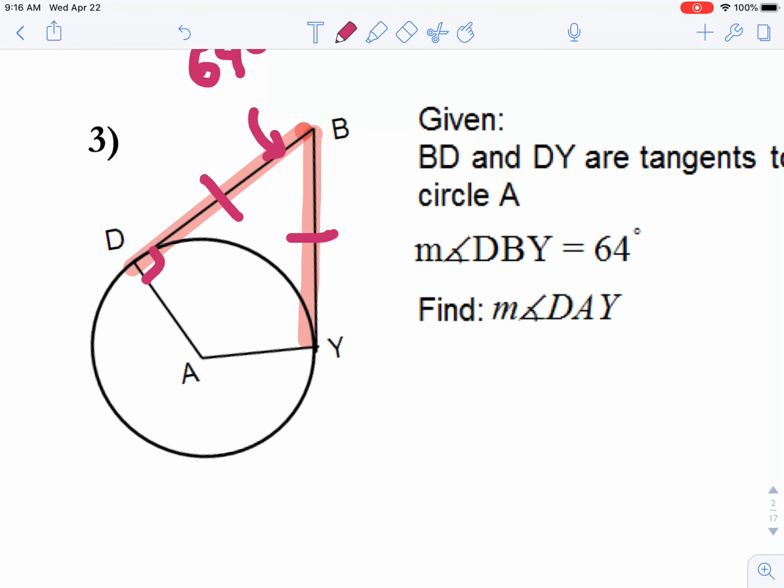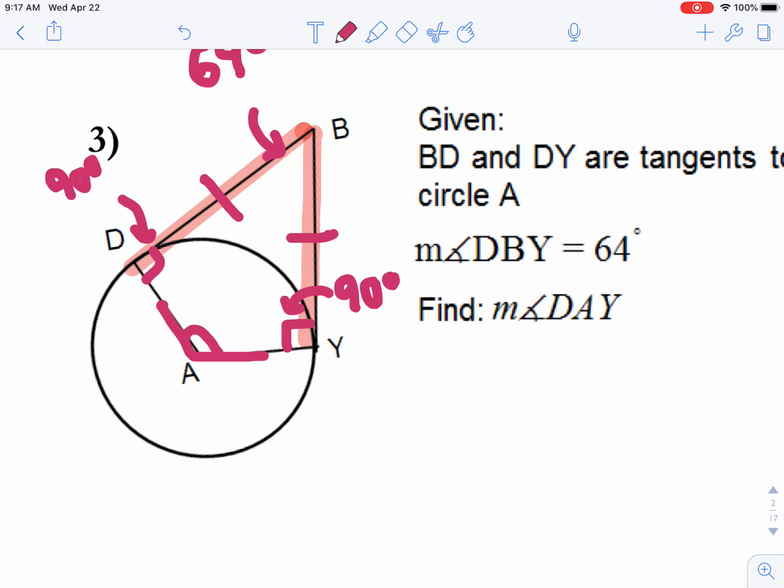Okay. We know that this here is a right angle, and this is a right angle, so 90 and 90. They want us to find angle DAY. Okay, DAY.